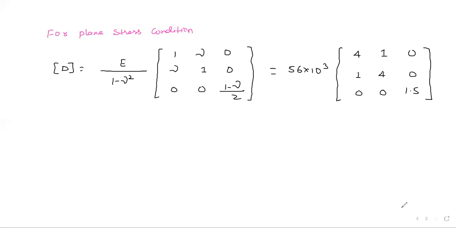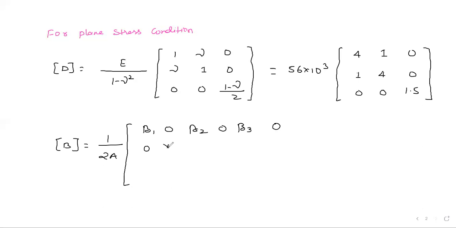Now coming to the B matrix. We know the B matrix is 1 by 2A times [beta 1, 0, beta 2, 0, beta 3, 0; 0, gamma 1, 0, gamma 2, 0, gamma 3; gamma 1, beta 1, gamma 2, beta 2, gamma 3, beta 3].